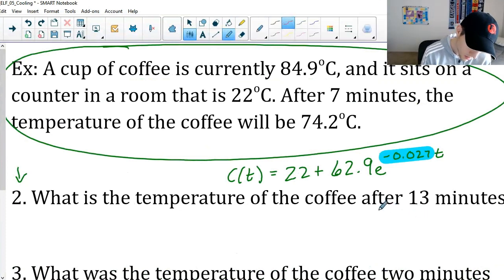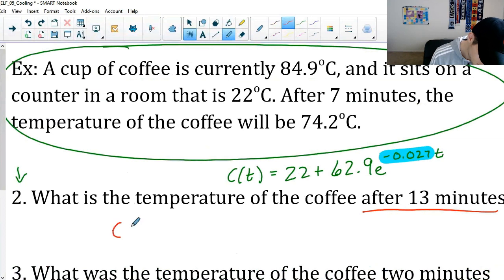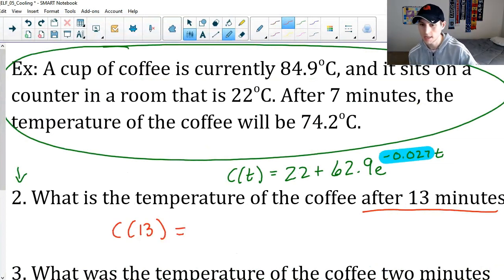Okay, so number 2, temperature of the coffee after 13 minutes. So we're just going to take our formula and we're going to plug in 13. So we do that really quick.